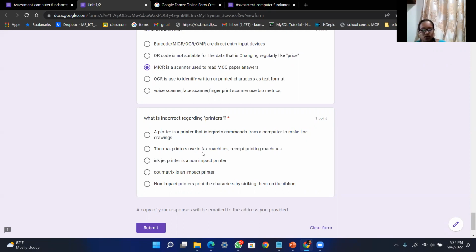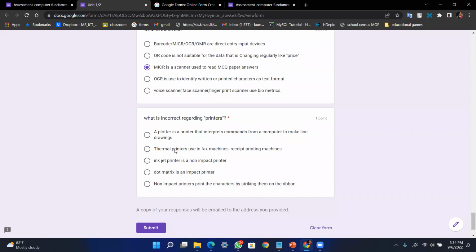Thermal printers are used in fax machines and receipt printing machines. True, teacher. Thermal printers are used at point of sales counters to print bills, and the conductors in buses use them. Like I said, ATM machines also have thermal printers, right?